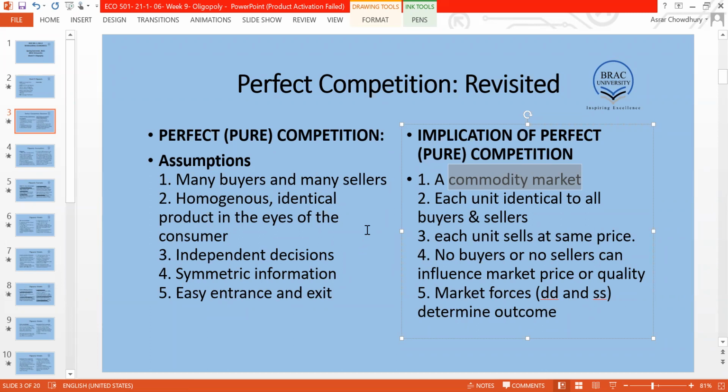Do you remember what a commodity market is? Okay, I'll say it again. A commodity market is where price is uniform for each unit and all the commodities are uniform. Today we will see that the quality of the product can be uniform, but price will be different. We're going to break quite a lot of assumptions today.